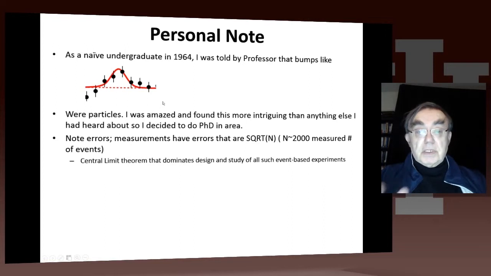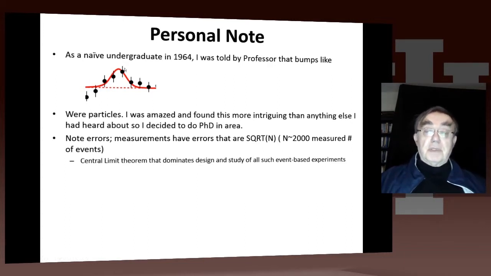In this total signal, there are around 2,000 events, but in each of these bins there will be far fewer than 2,000 events. And these error bars probably have more than the statistical errors and have so-called systematic errors also built into them. So understanding errors is extremely important, and that underlies a lot of the analysis of these so-called counting experiments.